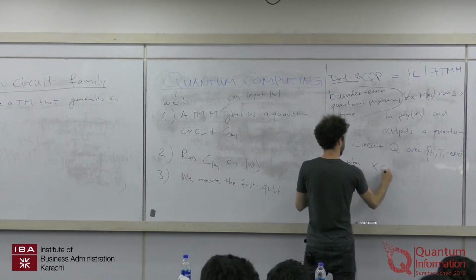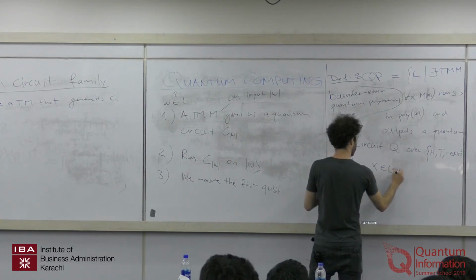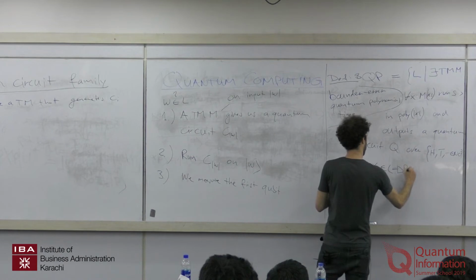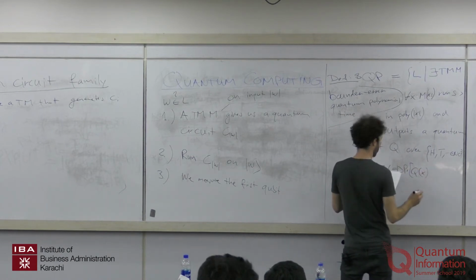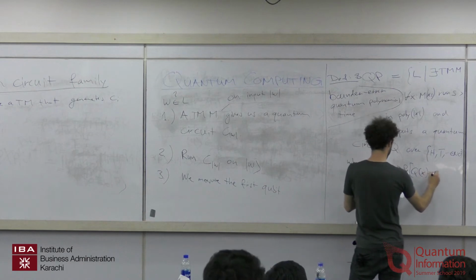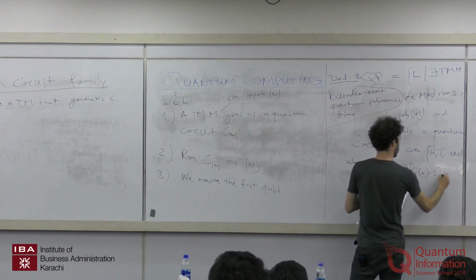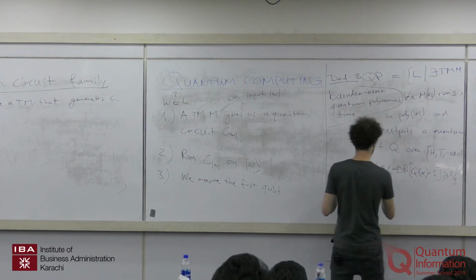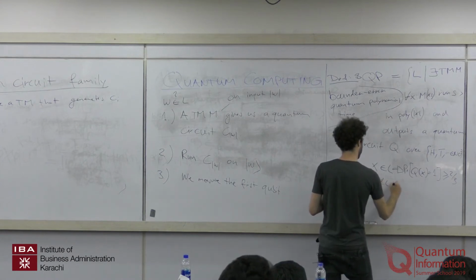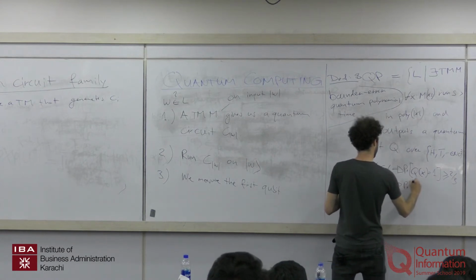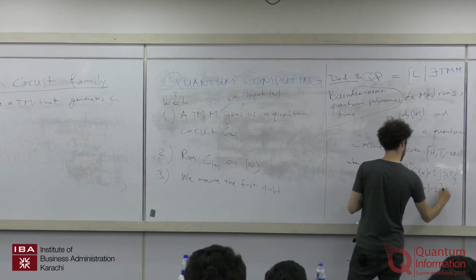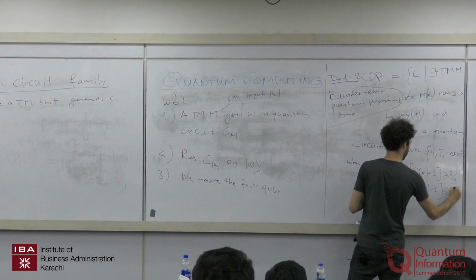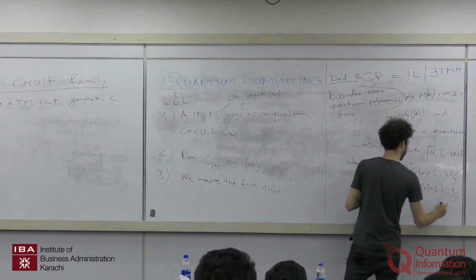Where if x is in the language, then the probability that the quantum circuit, by doing the measurement at the end, will output 1 is larger or equal than 2/3. If x is not in the language, then this probability is smaller or equal to 1/3.